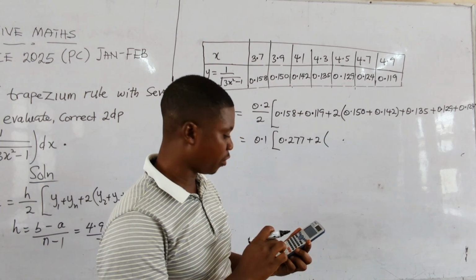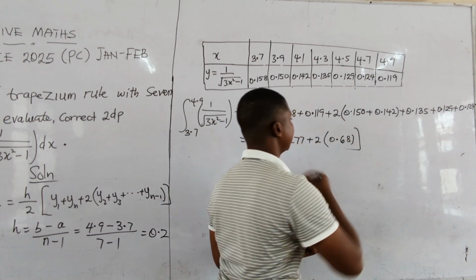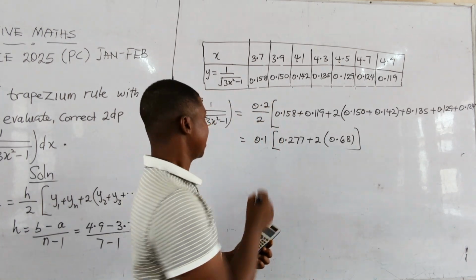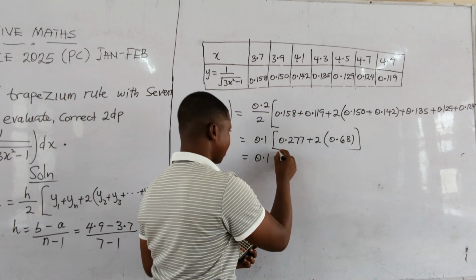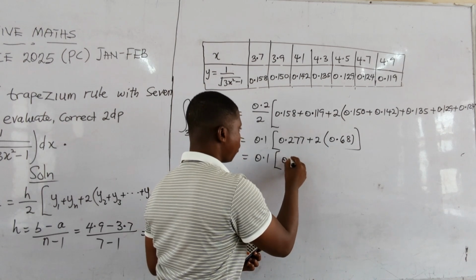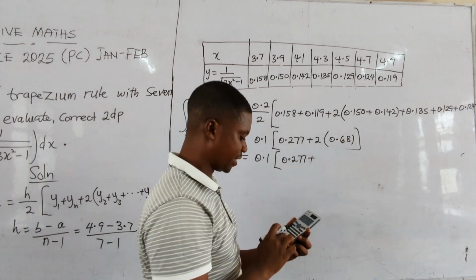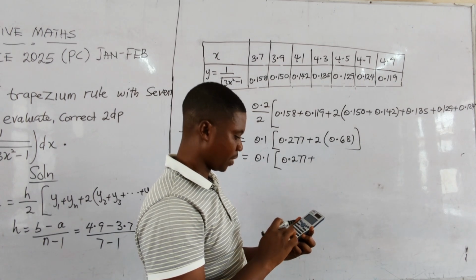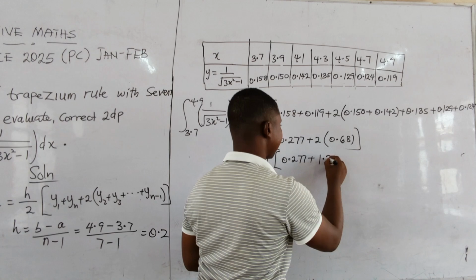This one you are going to get 0.68. Then after that, we have 0.277 plus 2 times this, and you are going to get 1.36.